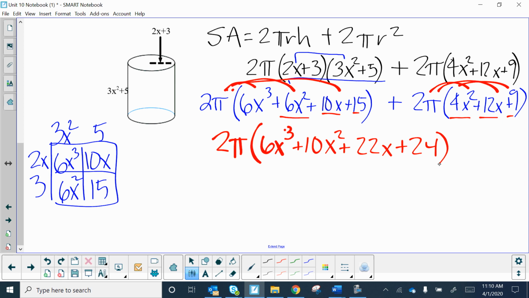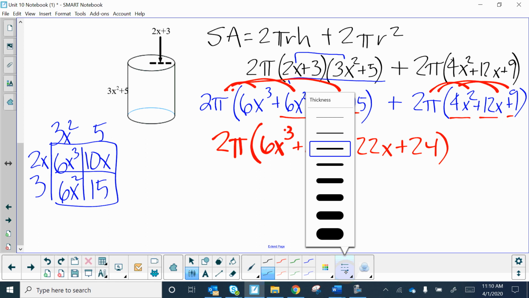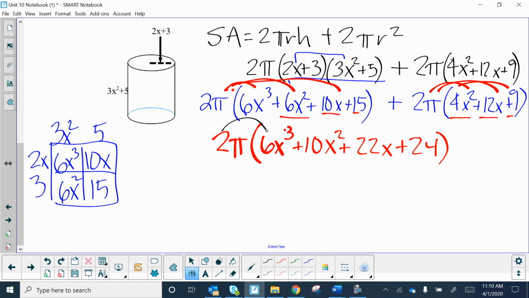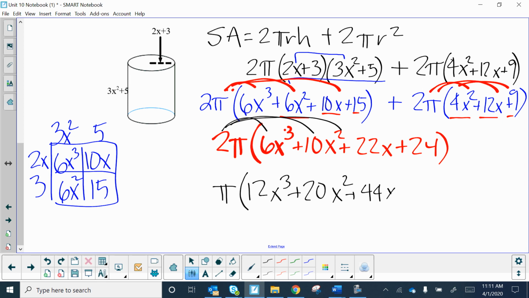So now I do have to distribute the 2. I'm not going to distribute the pi because I don't want to write pi over and over again, but I do have to distribute the 2. I have to do 2 times all of those terms. So I'm going to have pi out in front times 12x cubed, because that's what 2 times 6x cubed is, plus 20x squared plus 44x plus 48.